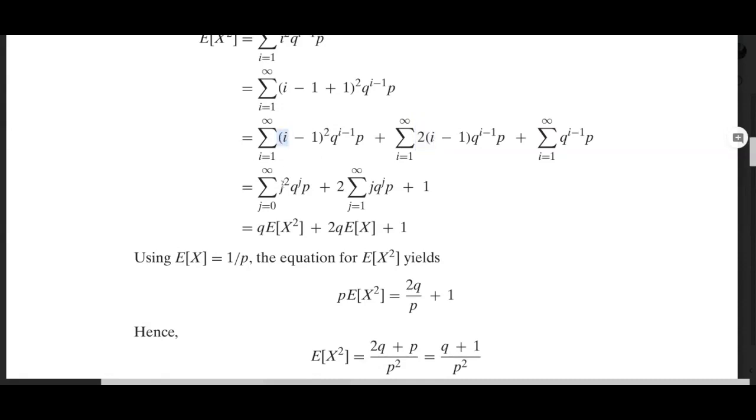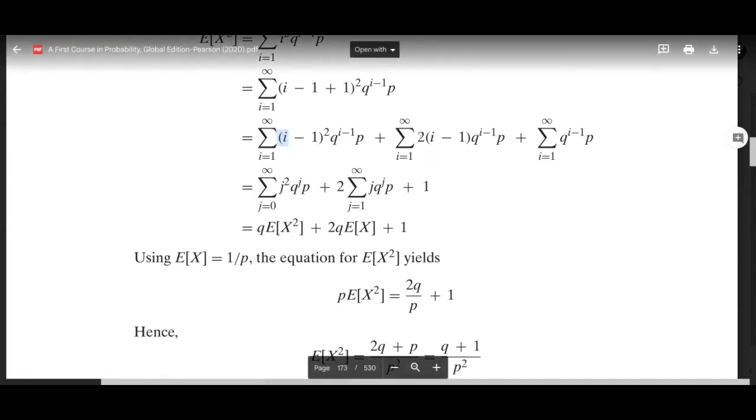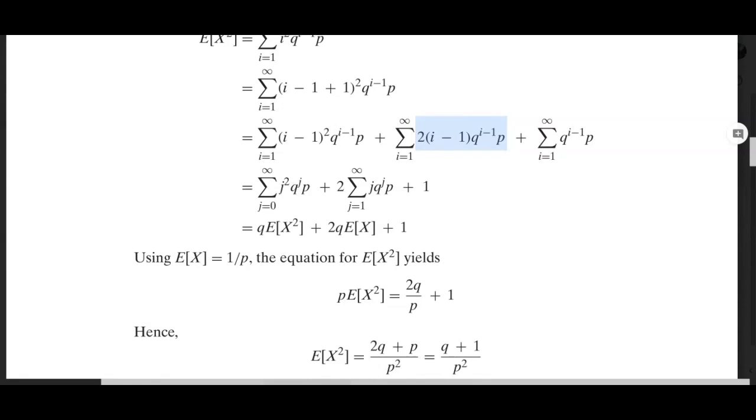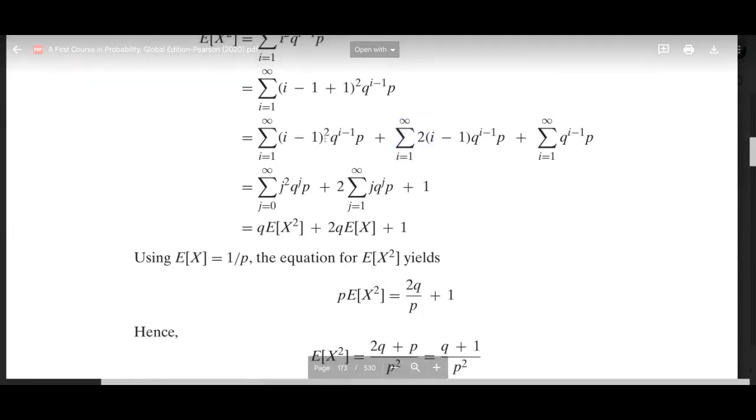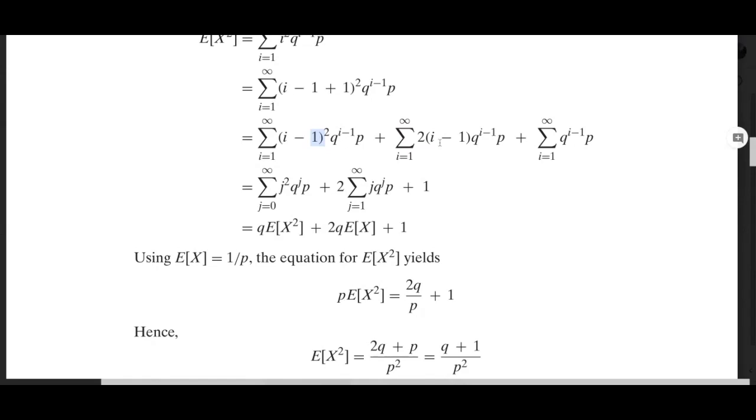So we have i squared, then plus 1, then here we have negative 2. Negative 2i and 2i cancel out. We have a plus 1 from here, negative 2 from here, but I don't see it here. Here we have plus 2. What happened?